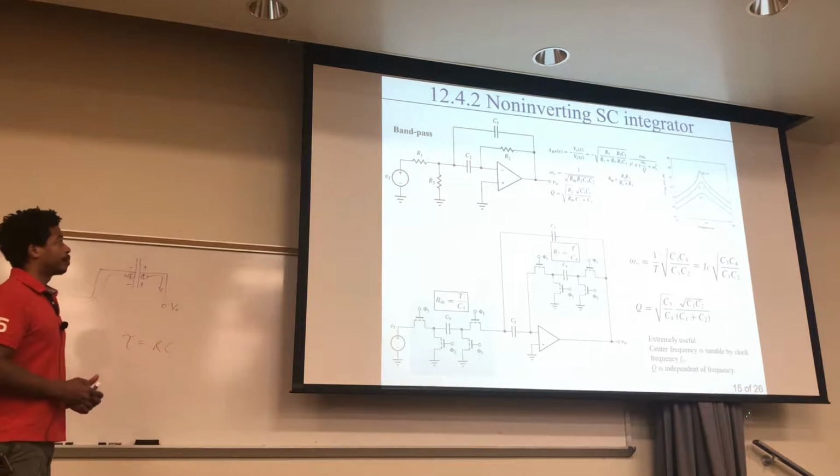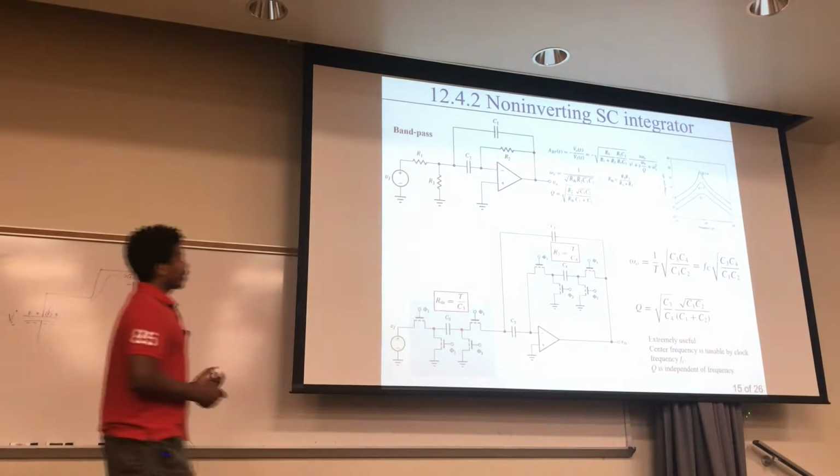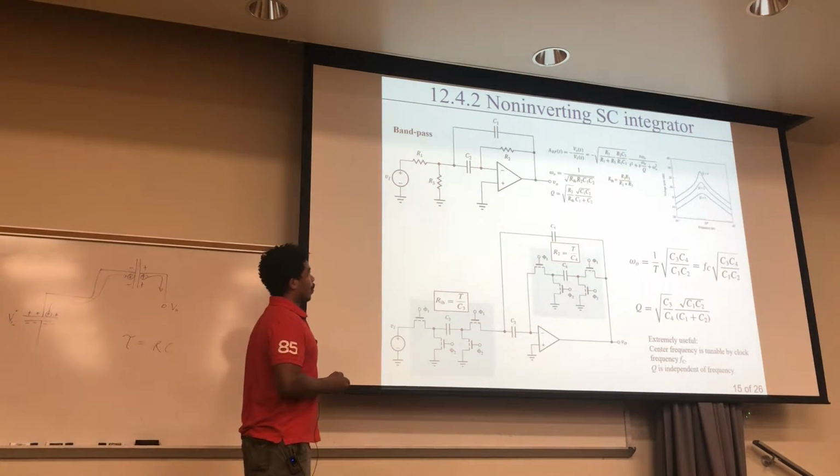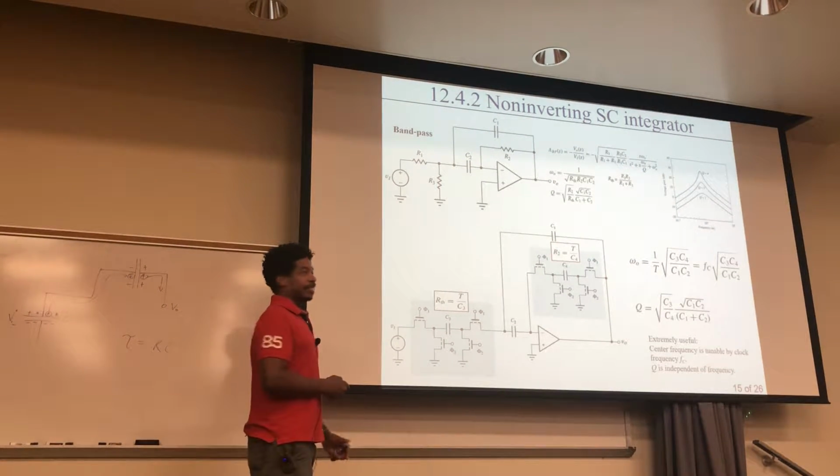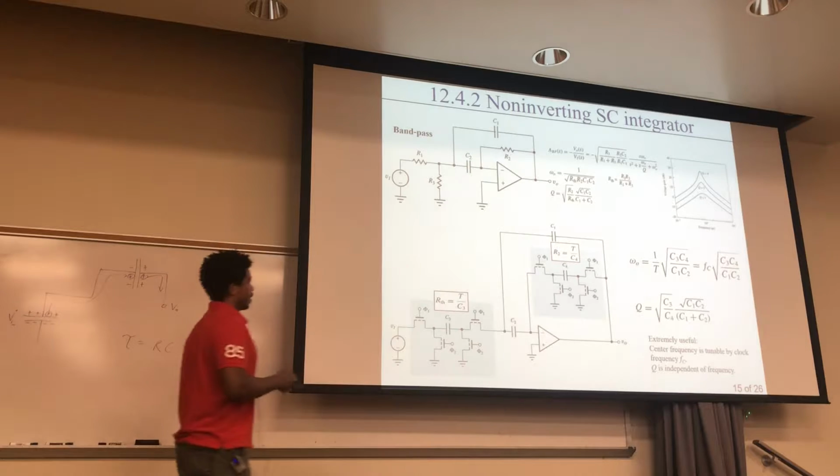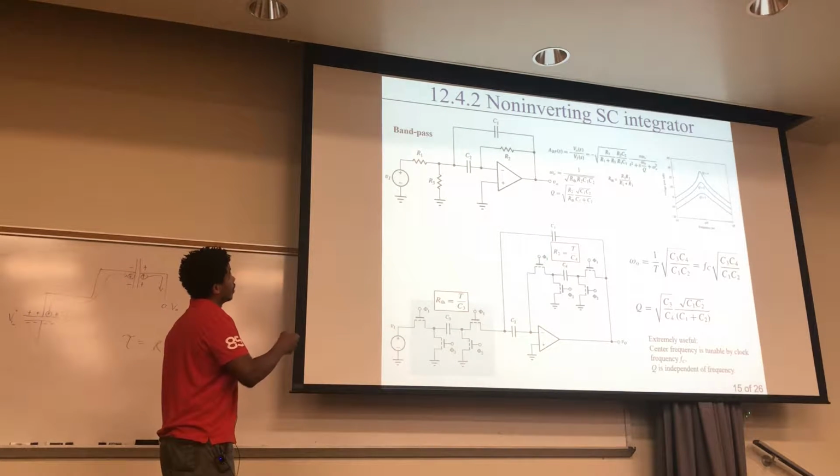So one thing we could do is this. We already know from our analysis that when we have these switched capacitors, we can just say this R is the same thing as this T over this capacitor right here. In this case, it is C4. And the resistance right here is just going to be replaced with our sampling period over C3, which is this capacitor right here.